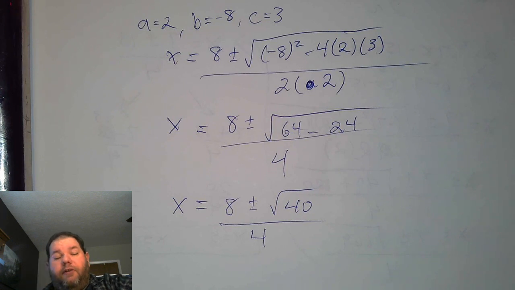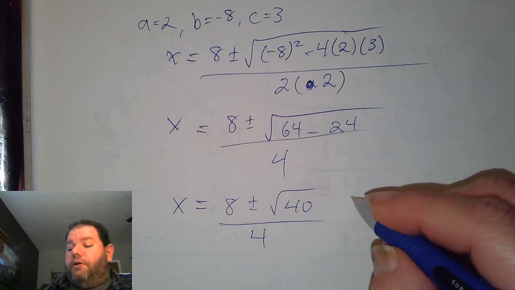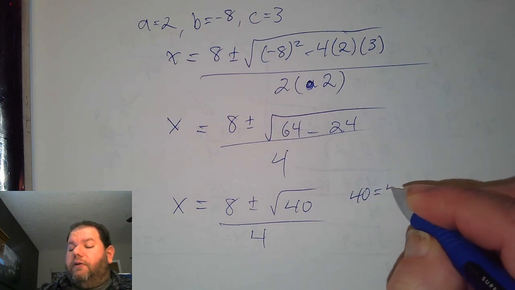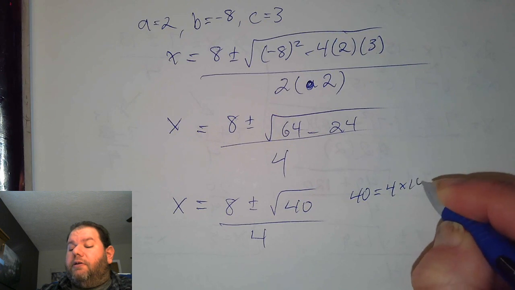Now as far as the perfect squares go, there's not a lot of them that are less than 40 to begin with. We have 1, 4, 9, 16, 25, and 36, and that's it. And of that group, it looks like 4 is going to be the one that works. 40 is equal to 4 times 10.